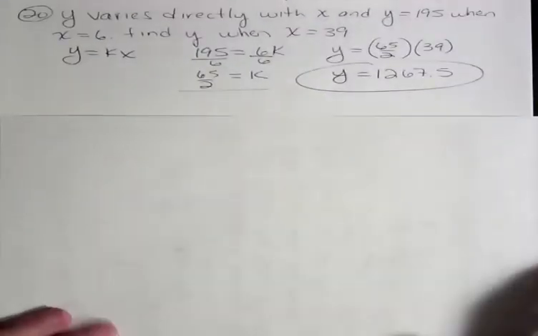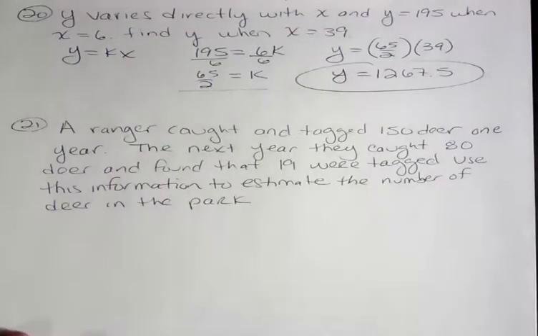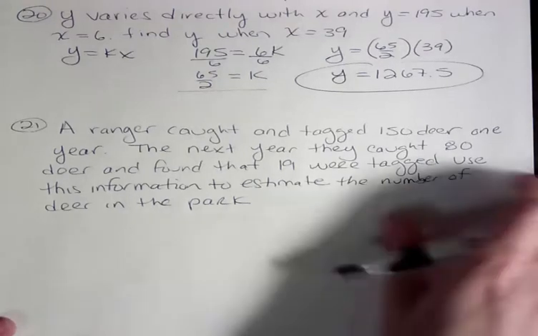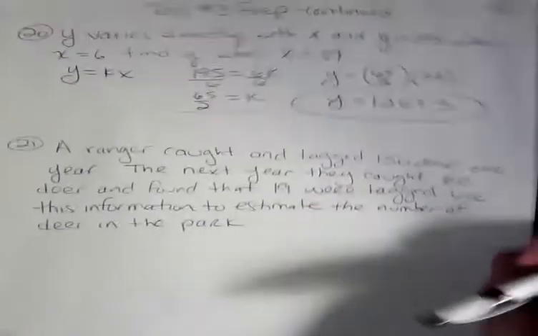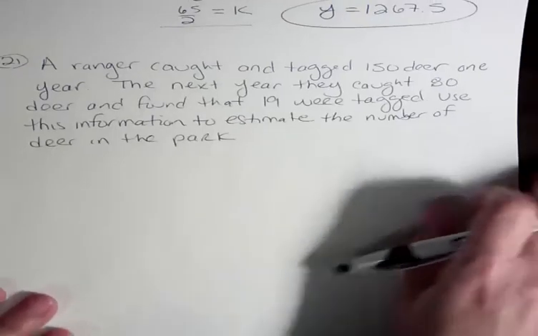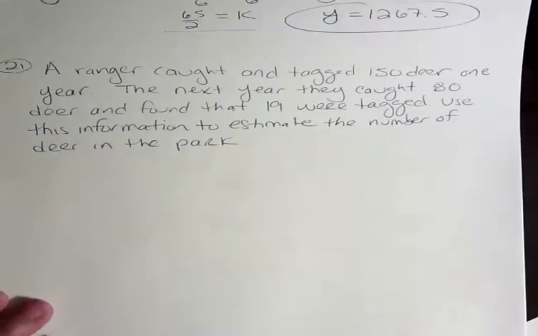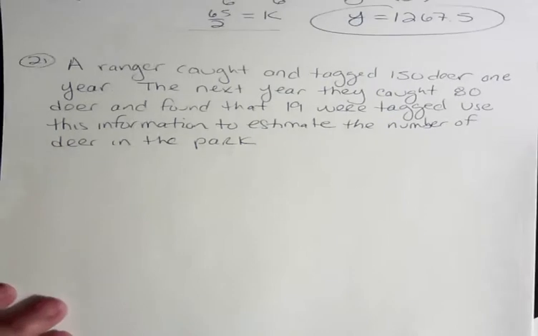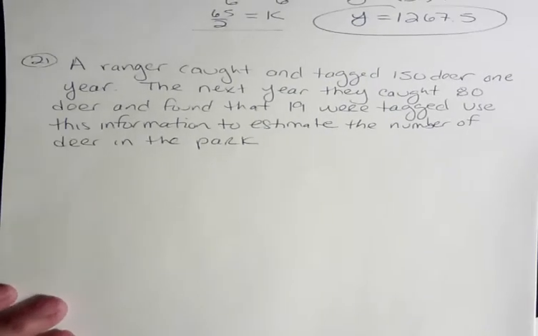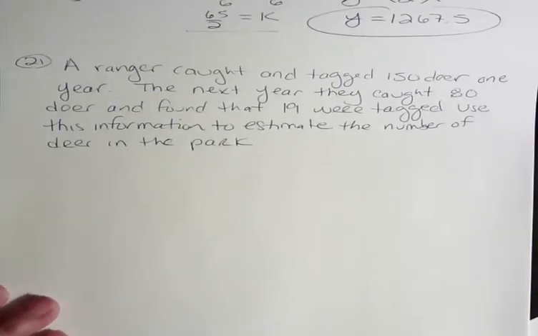And finally, a proportion type of word problem. A ranger caught and tagged 150 deer one year. The next year, they caught 80 deer and found that 19 were tagged. Use this information to estimate the number of deer in the park. Well, they have to do things like this for fish or deer. If you have a big lake, you can't actually go out and count all the fish.